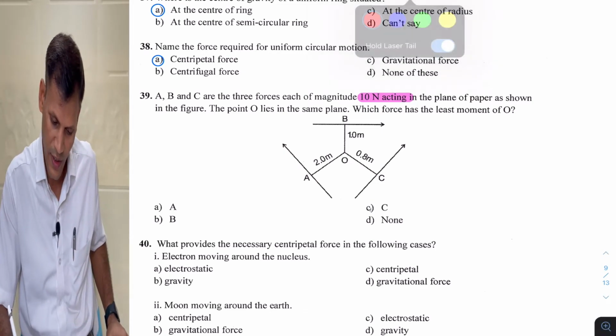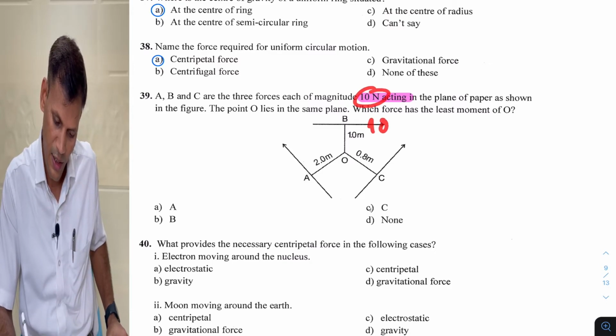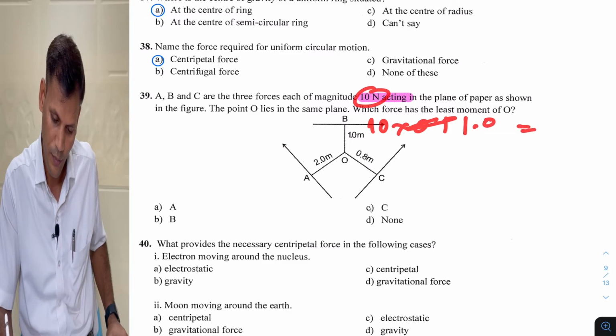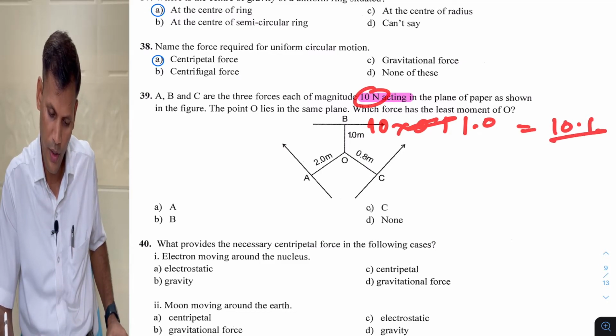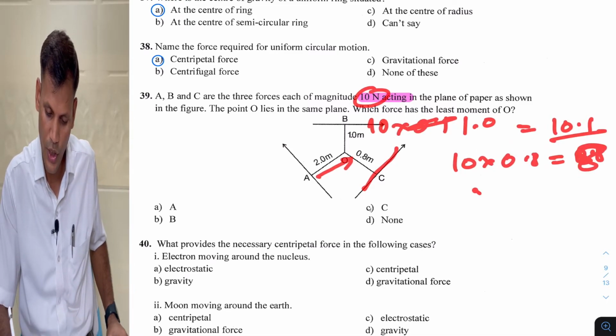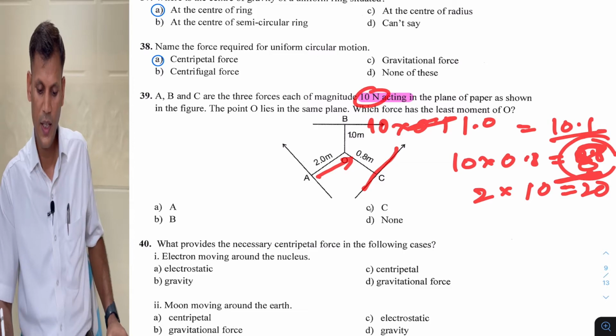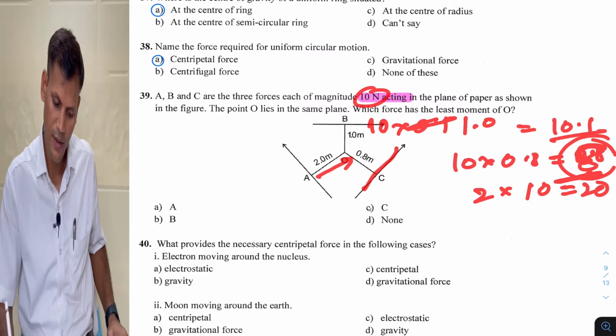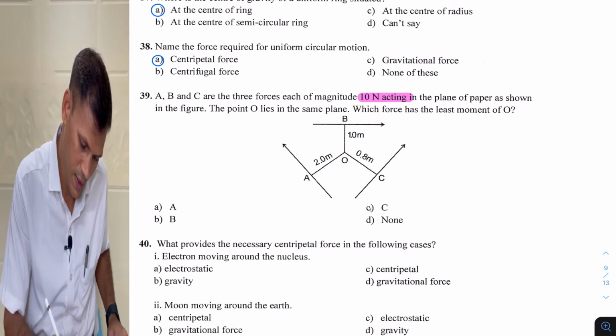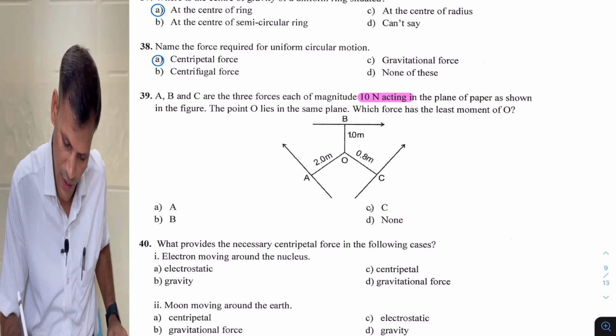So simply we can say, here we will get 10 into 1.0, so it will be 10. This will be 10 into 0.8 is 8, and here 2 into 10, that is 20. So least we will have in the second case. So answer is this C point. So C is the right answer.